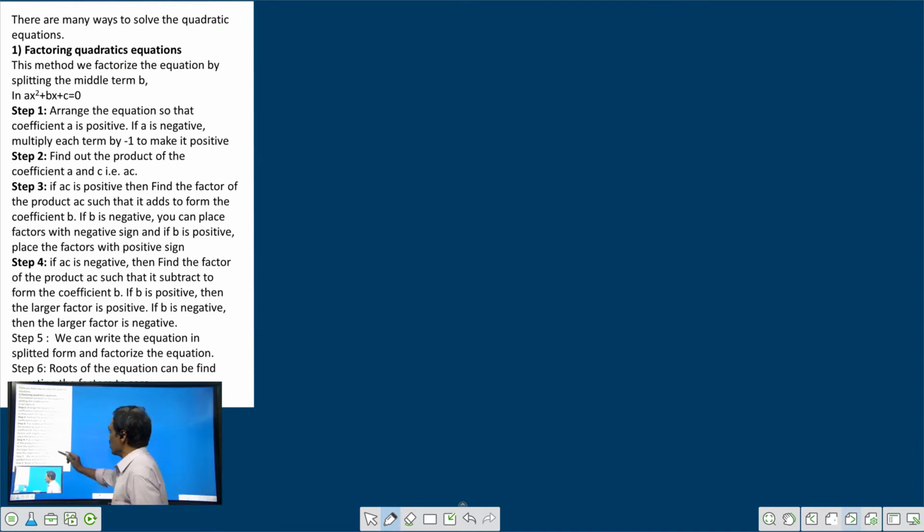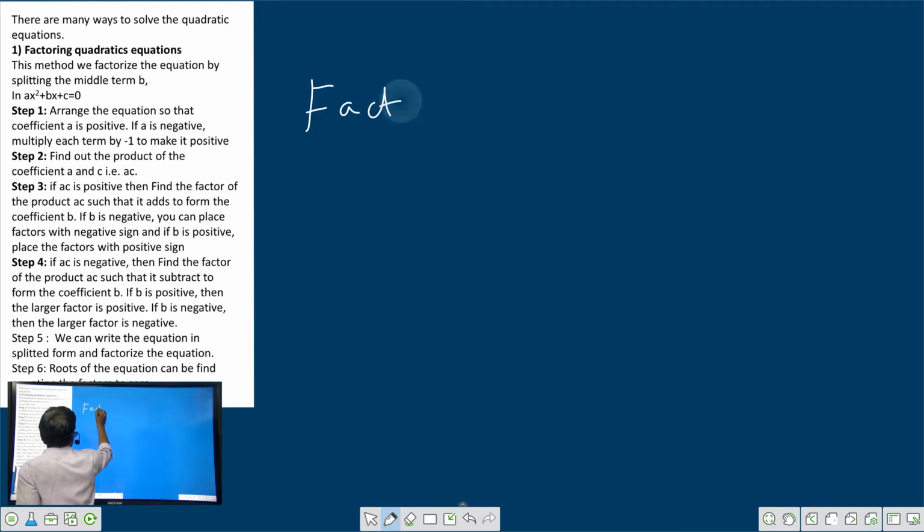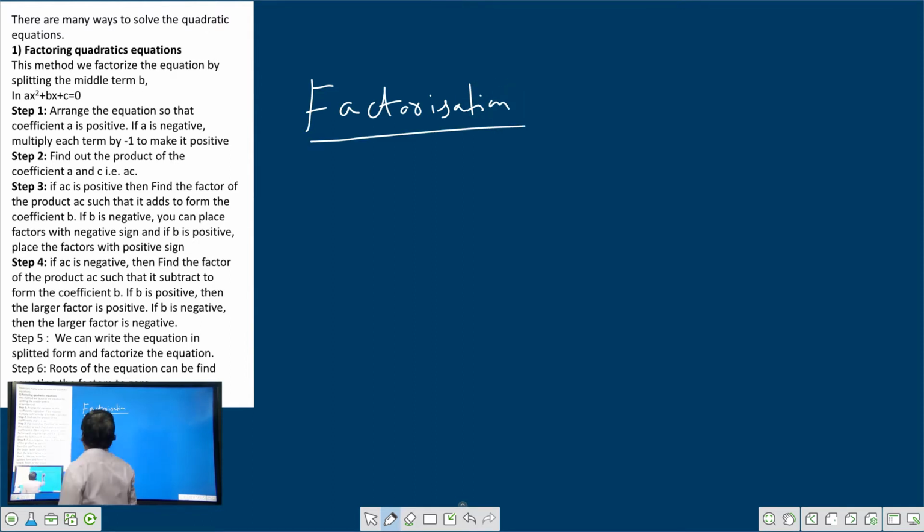See, this is not factoring, this is factorization. As soon as a quadratic equation is given to you, why are we doing factorization? What is the need for going for factors?